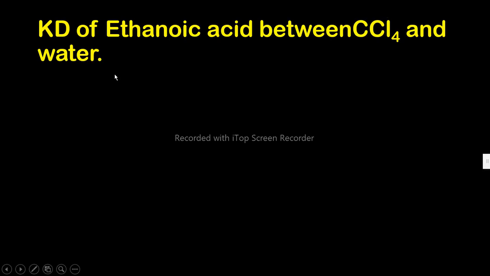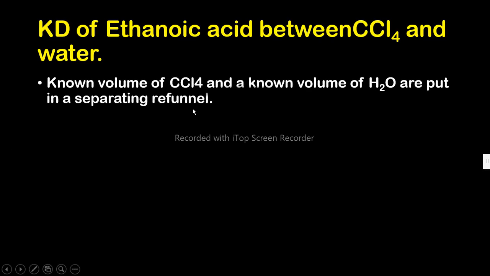If you leave the two to attain equilibrium, then the ratio of the concentrations between the two layers becomes constant, and that ratio is the Kd. So how can you determine it? It is simple. You just mix the two layers, the aqueous layer and the organic layer, of known volumes.